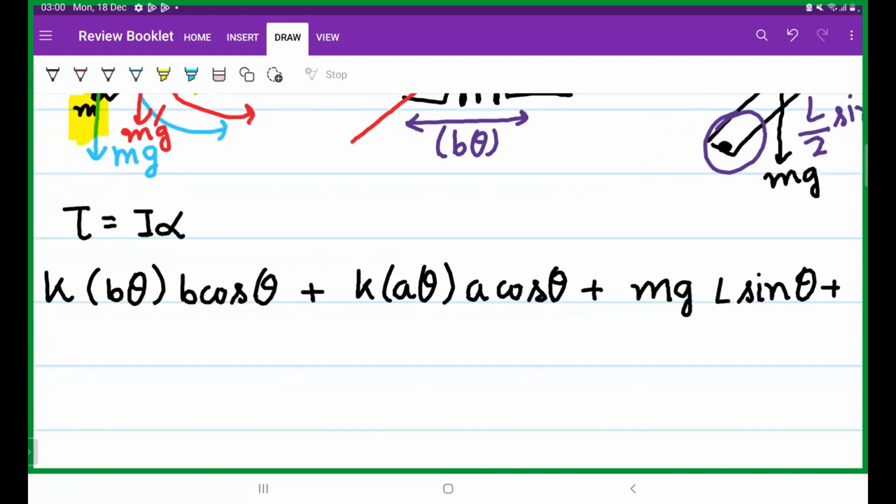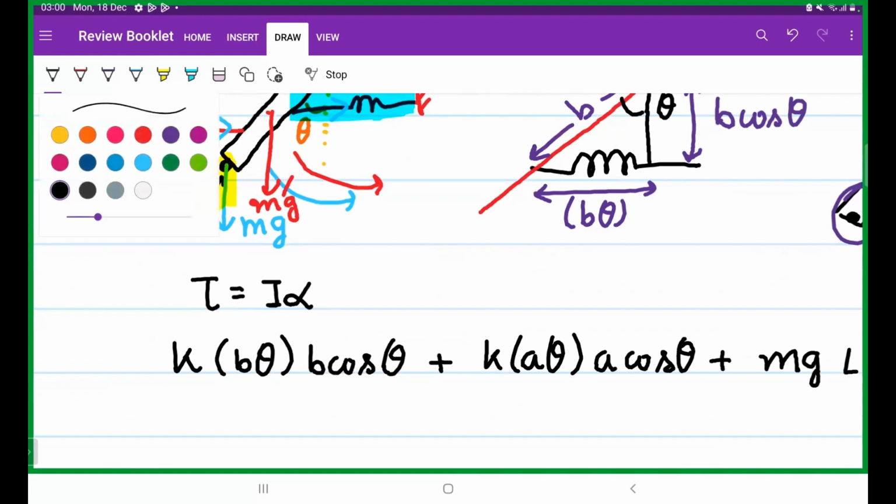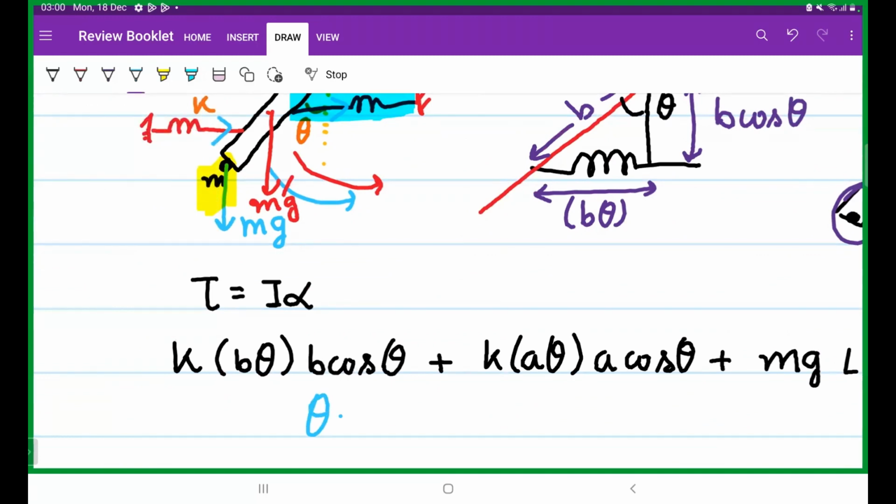Let's now add everything, but before doing that we have taken a few assumptions, right? The assumption is theta is almost 0 degrees, it's very small.